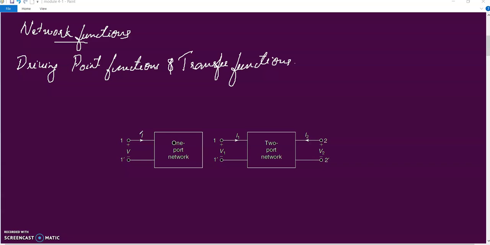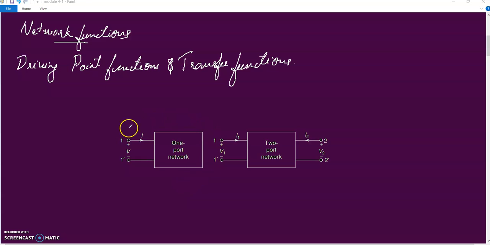Two such associated terminals can be called a terminal pair or a port. This is a terminal pair or one port. If there is only one pair of terminals, it is called a one-port network.